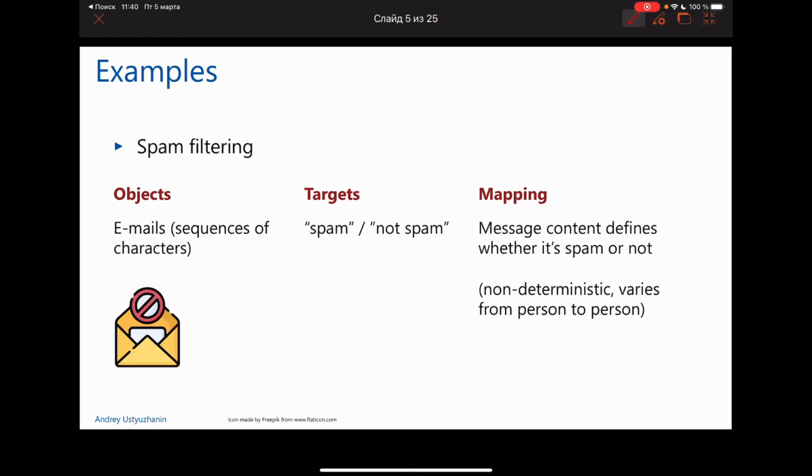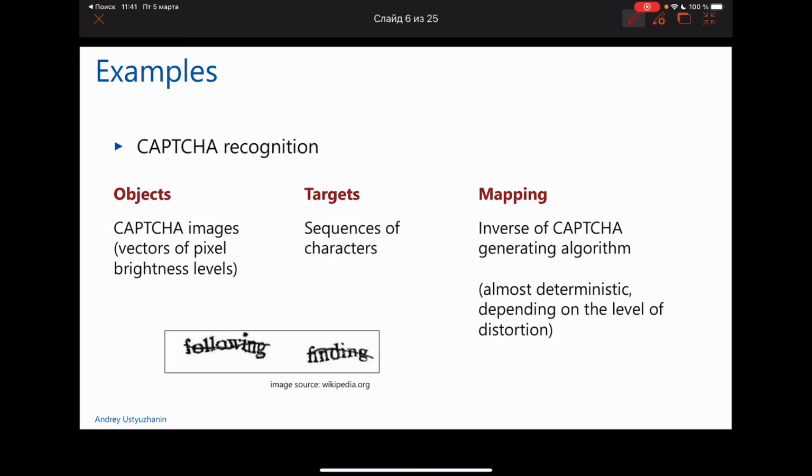Or, for example, if we talk about spam filtering, the objects are emails, or sequences of characters, and the target would be a binary label like spam or not spam. Or if we want to be able to recognize captchas, the input would be the images, or a vector of pixel brightness levels, and the target would be a sequence of characters of those funny inscriptions.